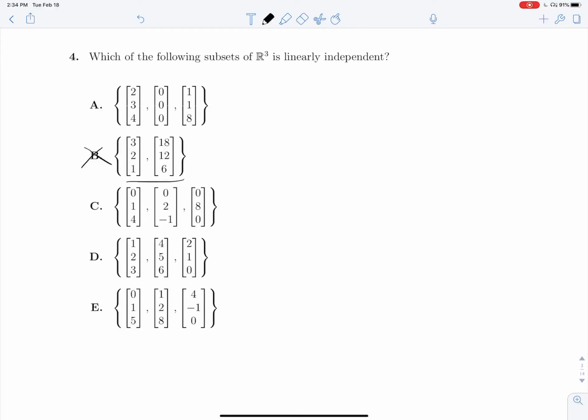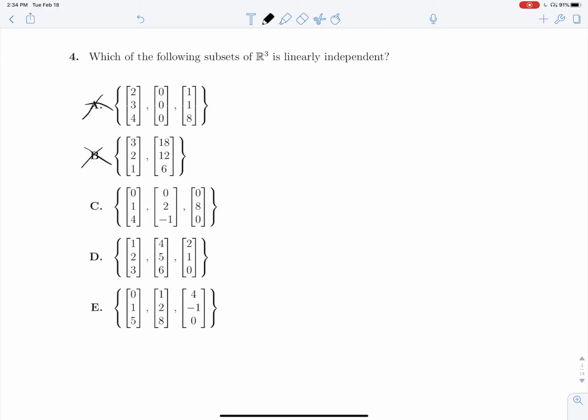So these are multiples of each other, so that's no good. Also, in A, the 0, 0, 0 vector is always a linear combination of any other vector, zero or non-zero, so A is also out.